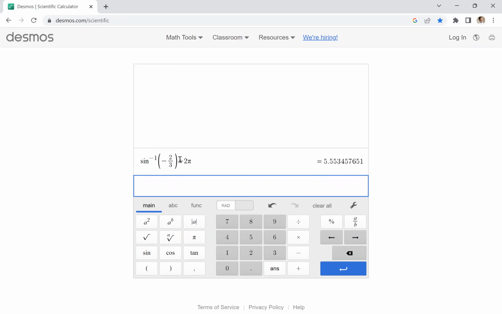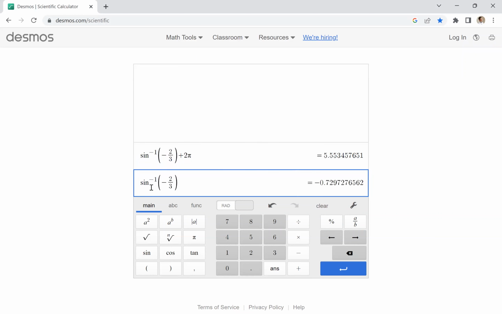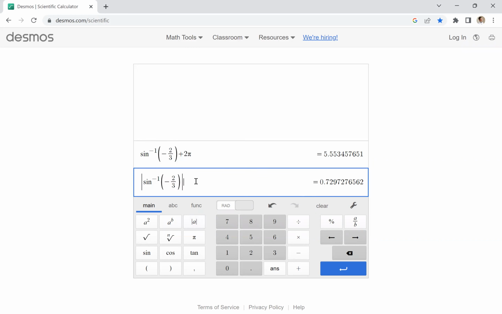So that is 5.55, which is in the fourth quadrant. We need another angle in the third quadrant. So what we can do is take the absolute value, right, and then add pi. Now we get one angle in the fourth quadrant, another one in the third quadrant.